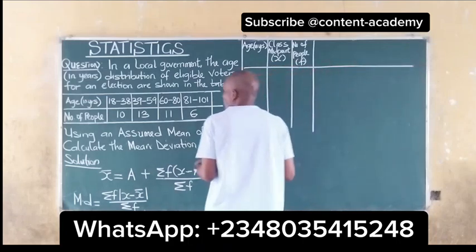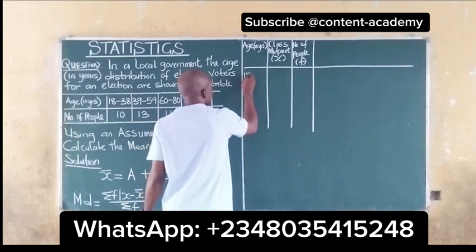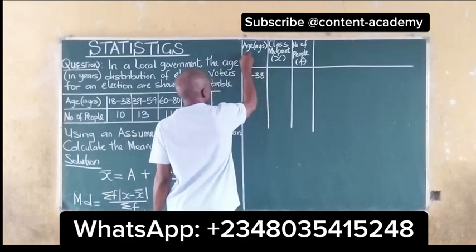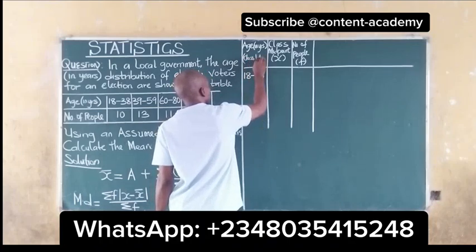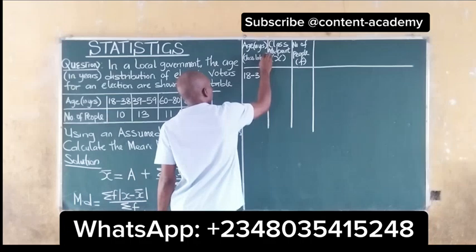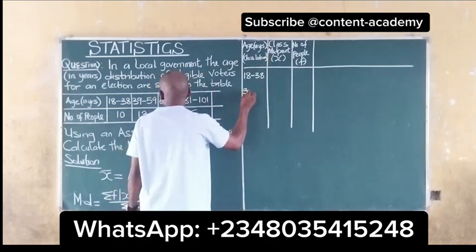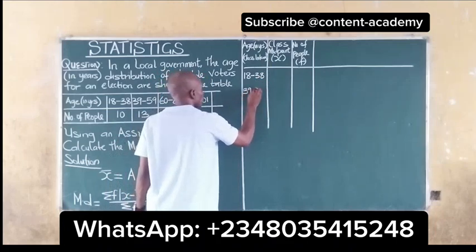The first class interval is 18 to 38. The next one is 39 to 59.